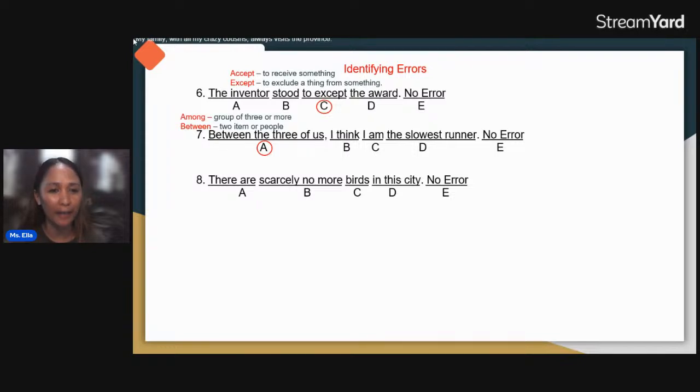How about number eight? There are scarcely no more birds in this city. Where's the error there?